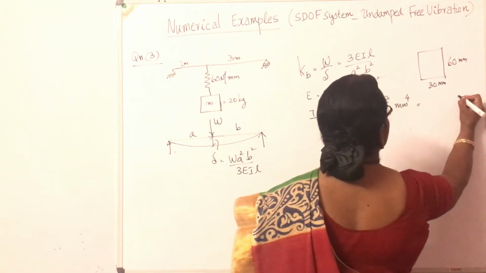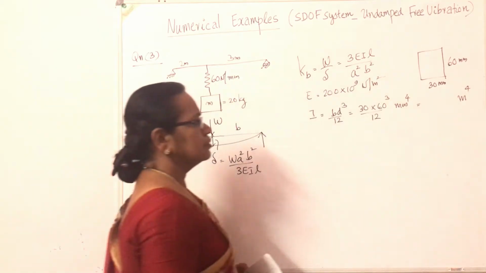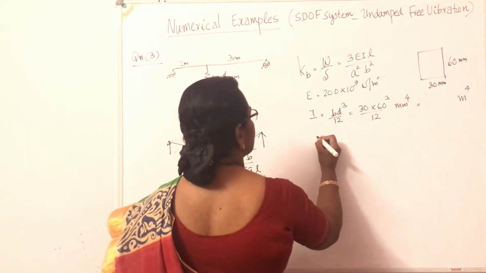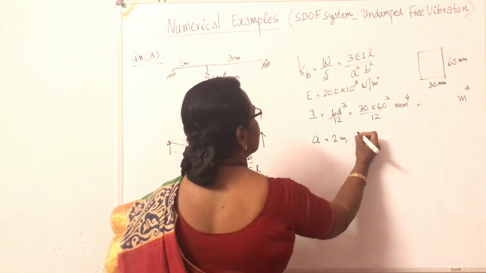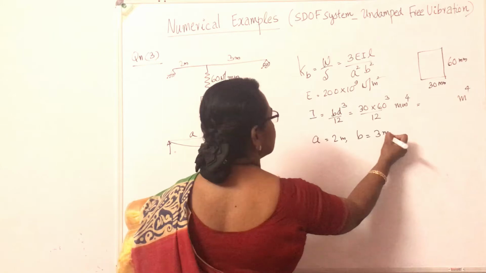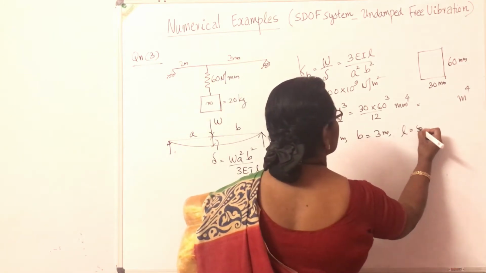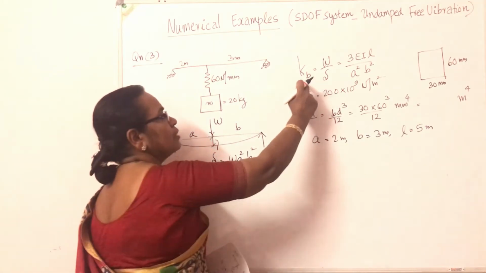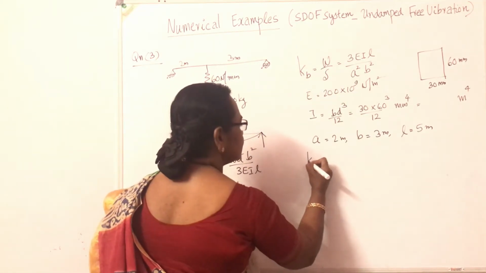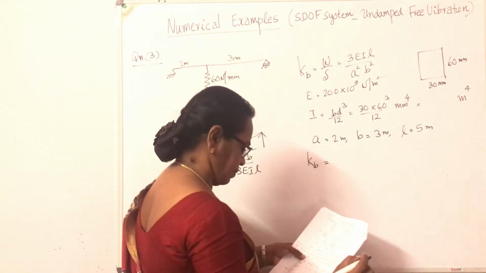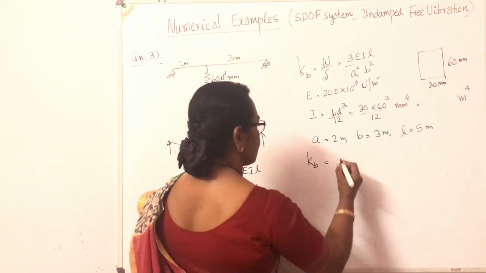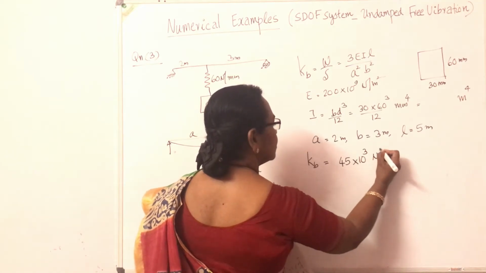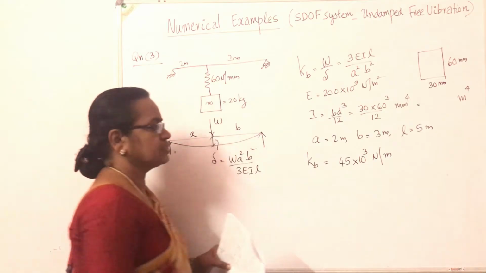You convert it into meter raised to 4. A is equal to 2 meter, B is equal to 3 meter, and length is equal to 5 meter. Substituting all these values in this expression, you will get the stiffness of the beam Kb equal to 45 into 10 raised to 3 Newton per meter.